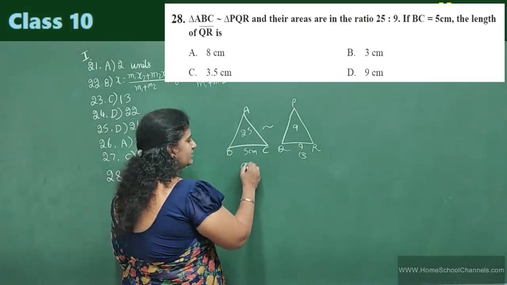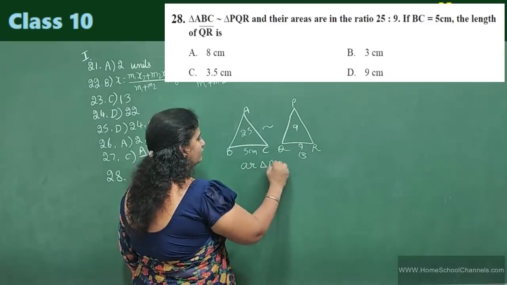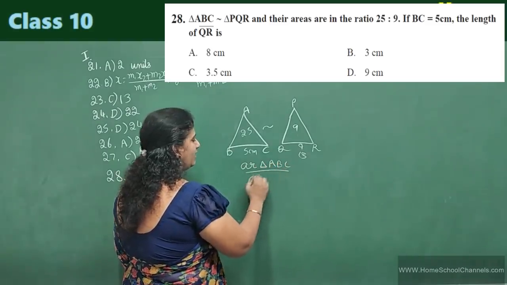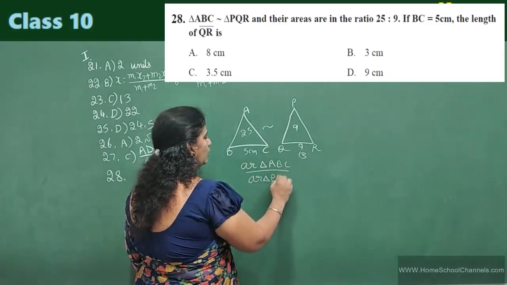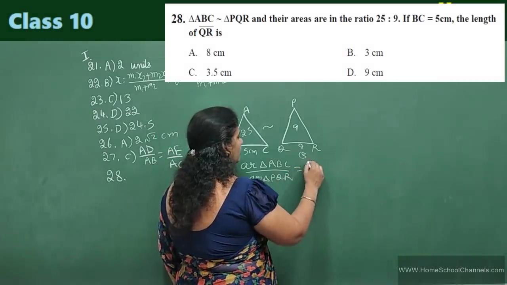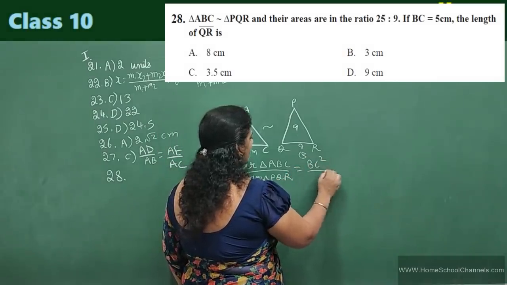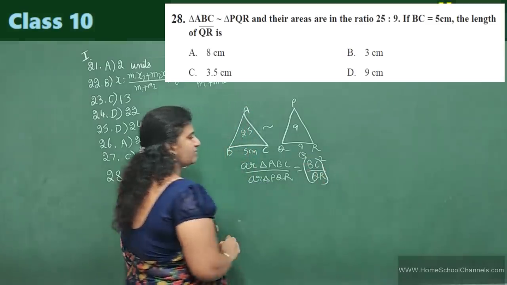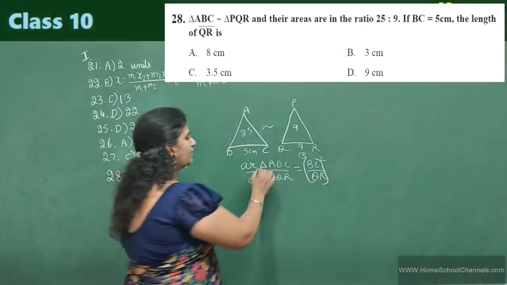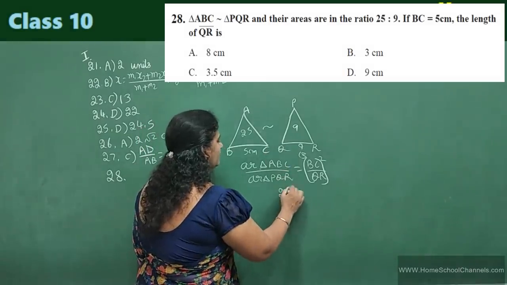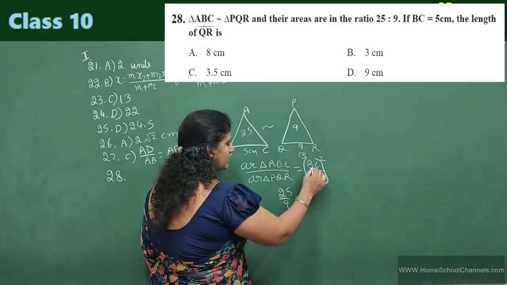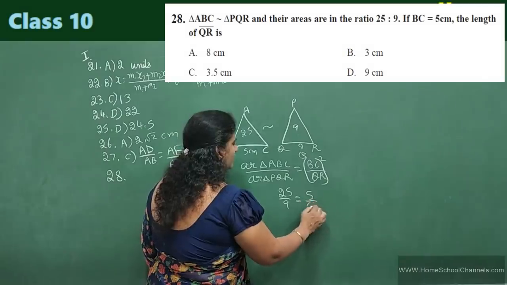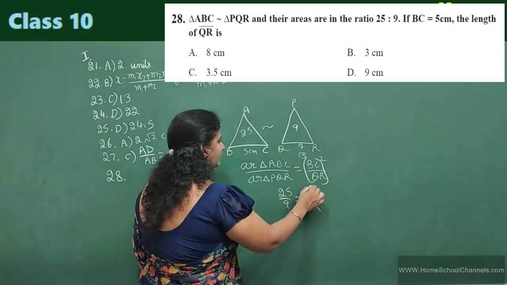Or by using the theorem, if you want, area of triangle ABC by area of triangle PQR is equal to corresponding side square, BC square by QR square, or I can write it as BC by QR whole square. Area ratio is 25:9 is equal to BC 5 by QR whole square.